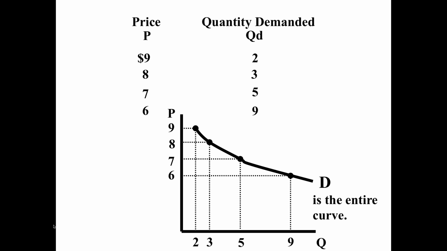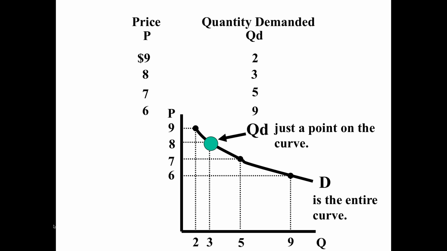So when we're talking about demand, we're talking about the entire curve. So factors other than price will change demand and will actually move the demand curve. When we're talking about quantity demanded, we're talking about just a point on the curve. When price changes, then you have a change in quantity demanded.